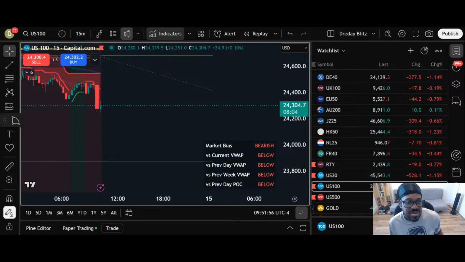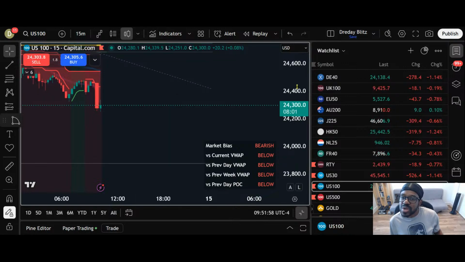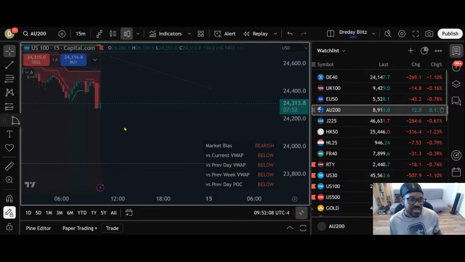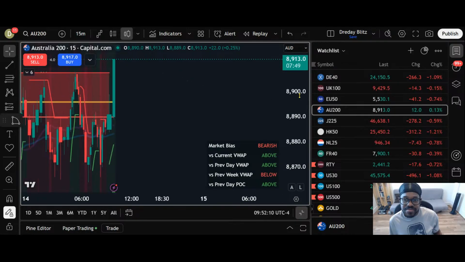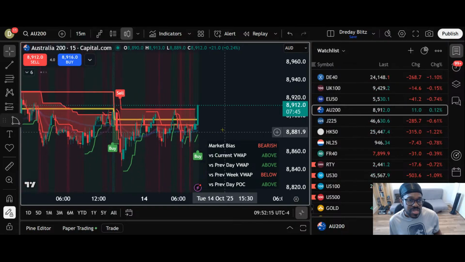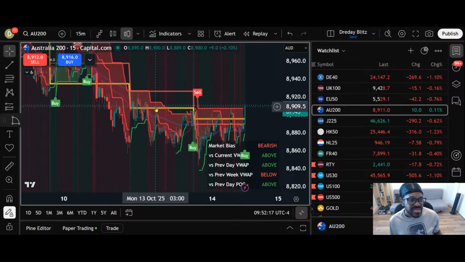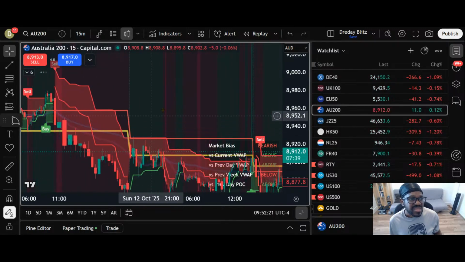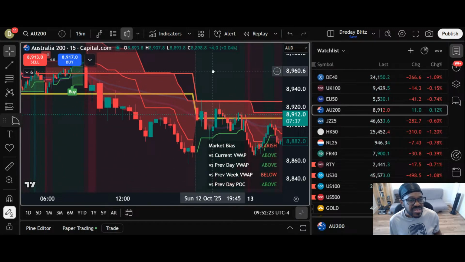All right. So the ones I'm going to add to the list, we have Australian 200. All right. So this is the 200 biggest companies here in Australia. So this is how this index works here.